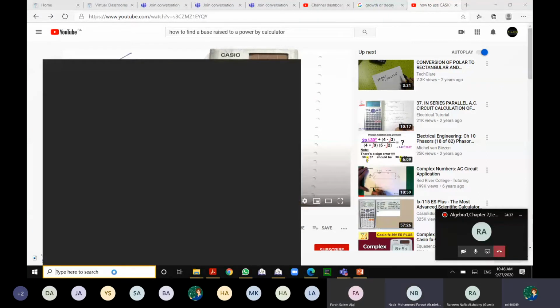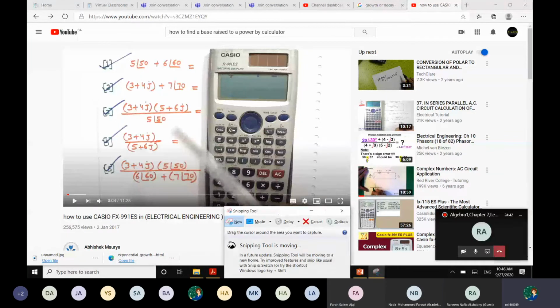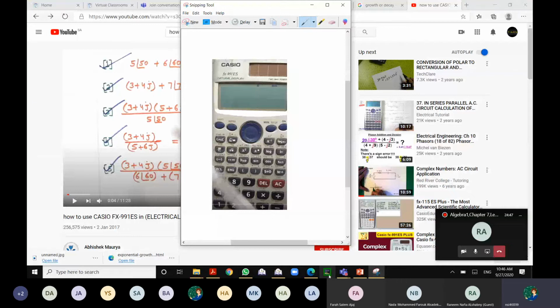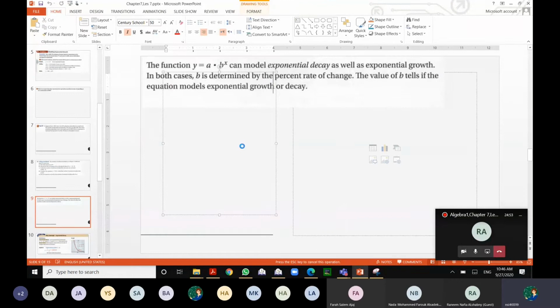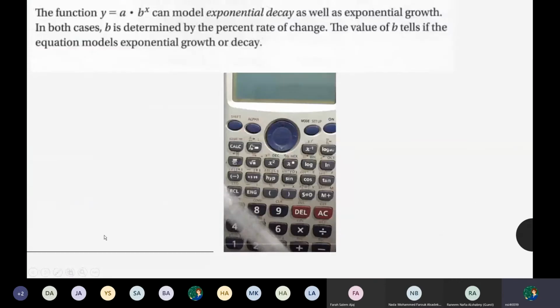Okay, this one. When you press on it, it comes like x raised to a square.